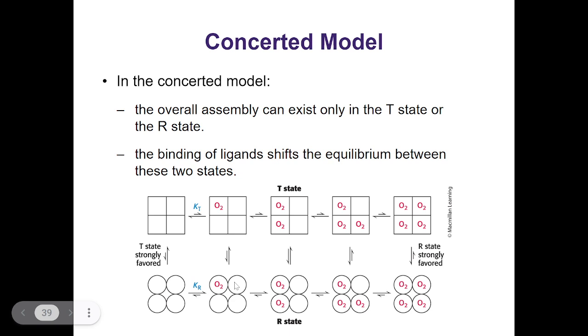Then when you bind the next oxygen, which is now more likely, isn't it, because your equilibrium favored the R state, you're going to further favor the R state. At two bound, this is sort of your 50% point, where the equilibrium is not highly favored to either form. With 3 oxygens, the R state is actually going to be the favored form, and with 4 oxygens, you strongly favor the R state. Is that making sense?